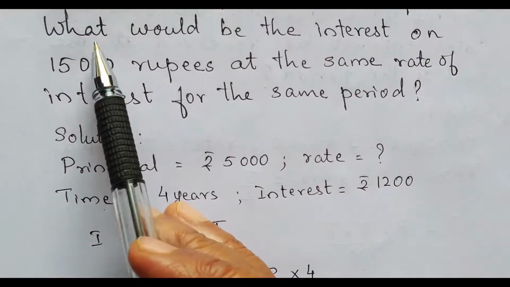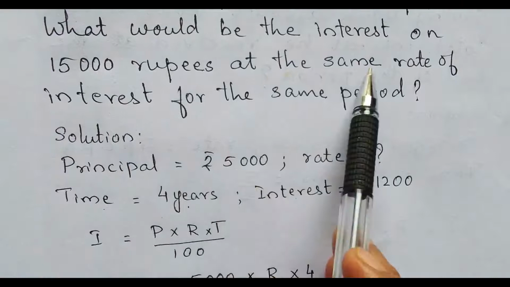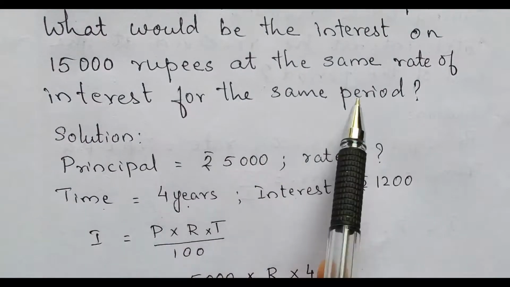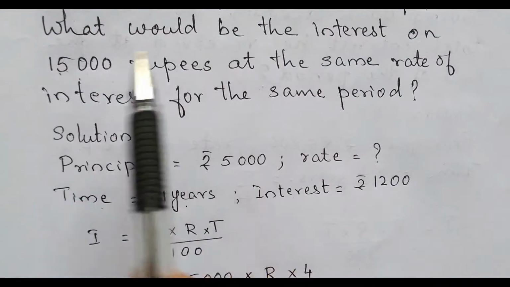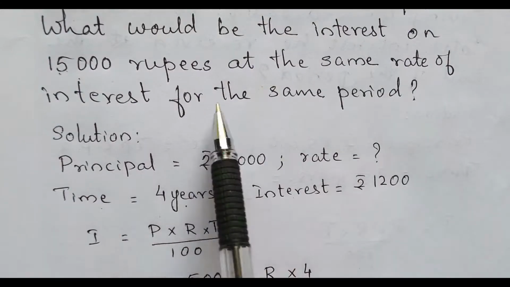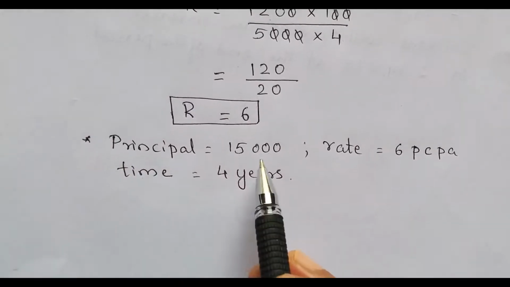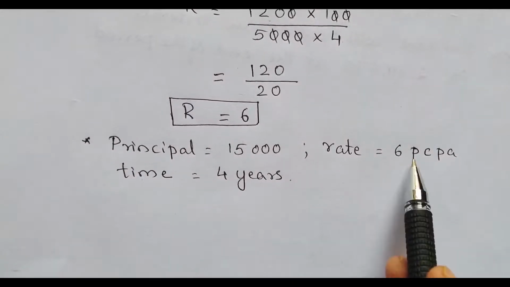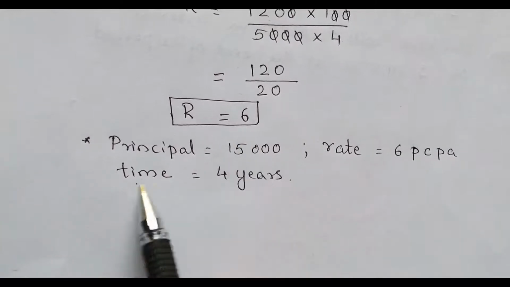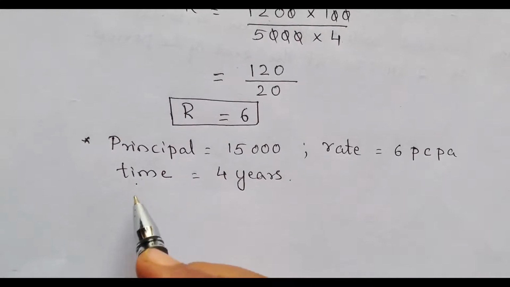Now the second part of the question is, what would be the interest on 15,000 rupees at the same rate of interest for the same period? So here we have to calculate the interest on 15,000 rupees for the same rate of interest and the same period. So now the principal is 15,000 rupees, the rate is 6% per annum, and the time is 4 years. So let us calculate the simple interest.